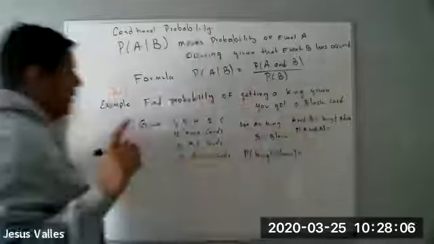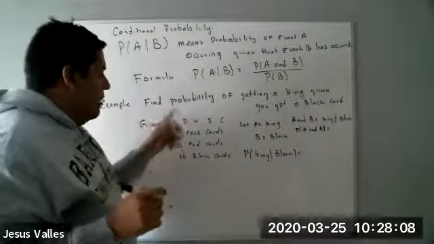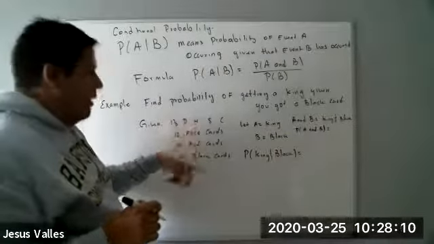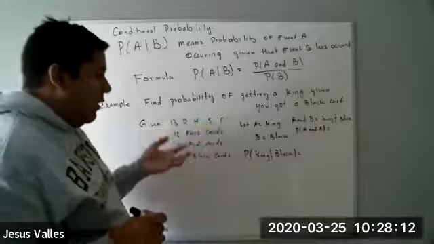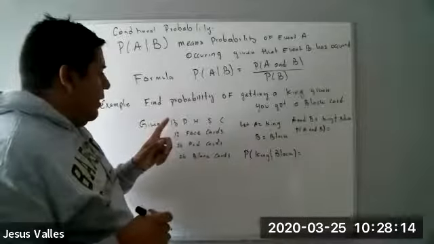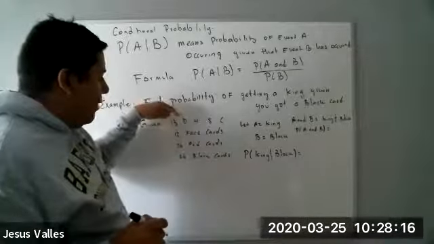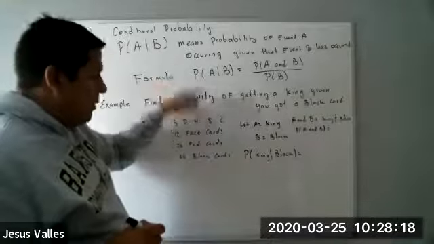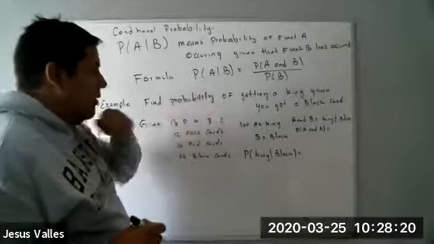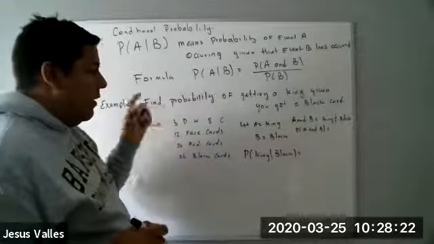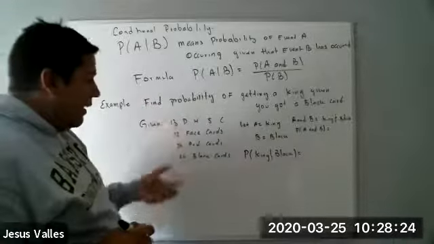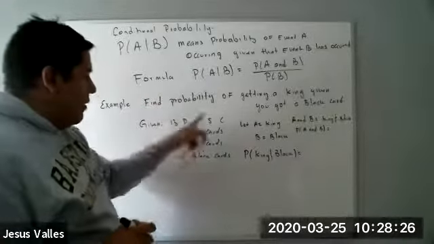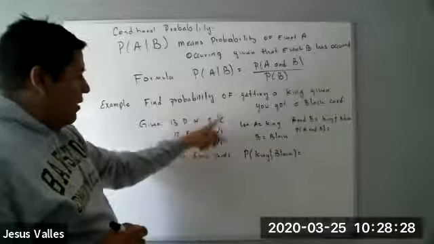So going back to what we had said before, diamonds and hearts are red, and spades and clovers are black. In that case, there's one king for diamond, one king for heart, one king for spade, one king for clover. Since I want the cards that are specifically black and kings, this has one king card, this has one king card.